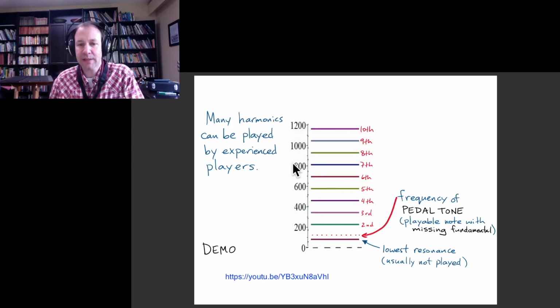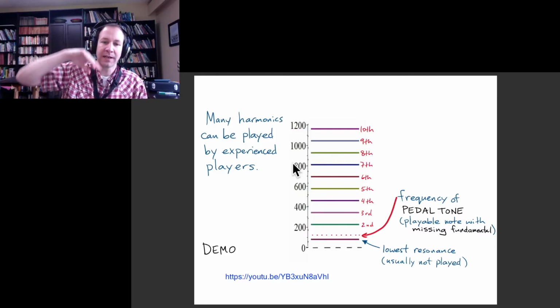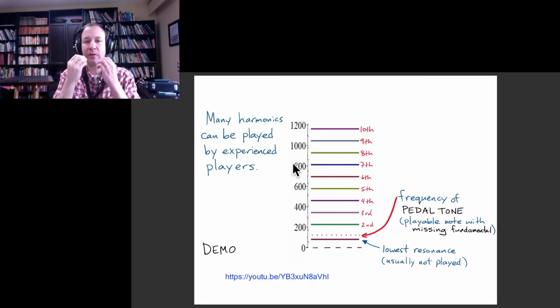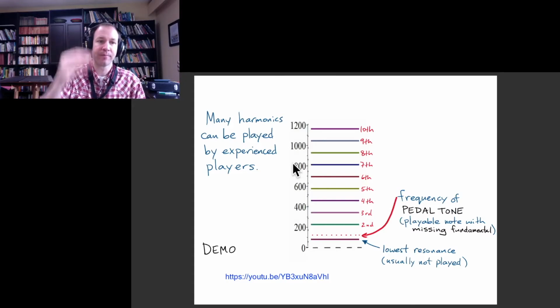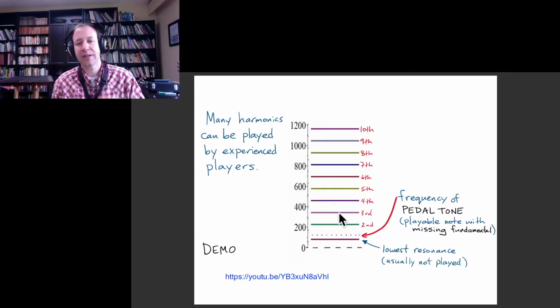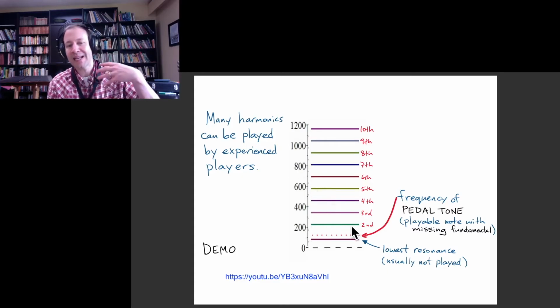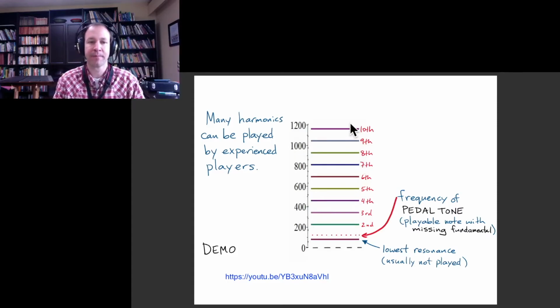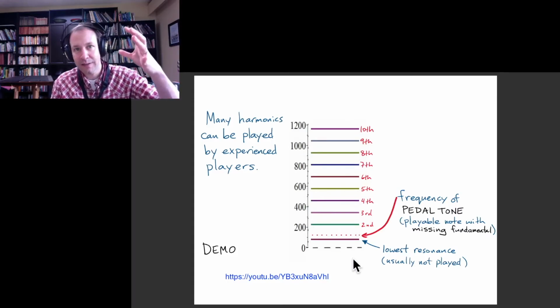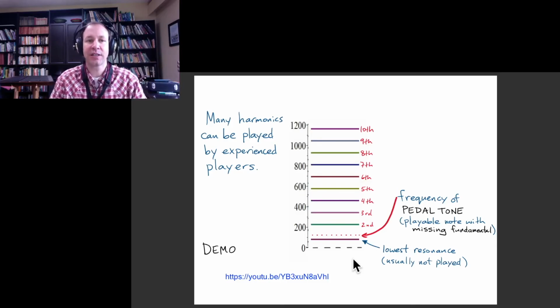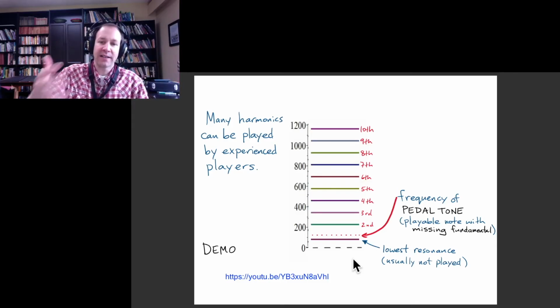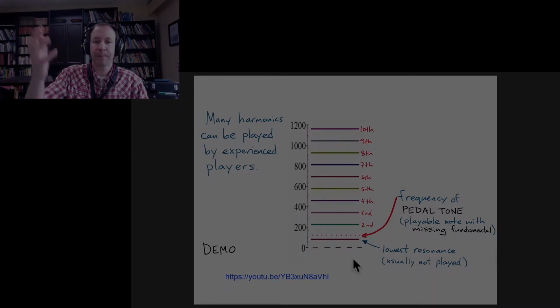Whereas with the trumpet or the trombone, you only have a handful of different lengths that you use, so you need to be able to play a lot more harmonics. And this control that you have over your lips and the tension of your lips allows you to do that. Experienced players can play anywhere from the second harmonic all the way up to the 10th or even higher. So I'll end with a demonstration of various harmonics being played on the trumpet.